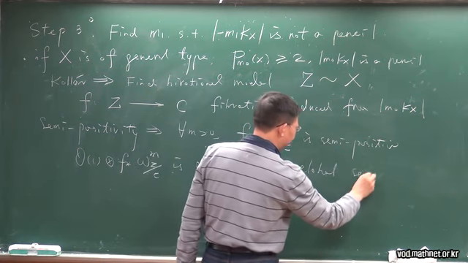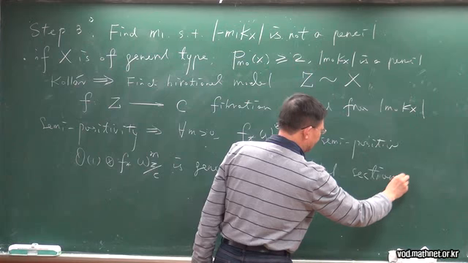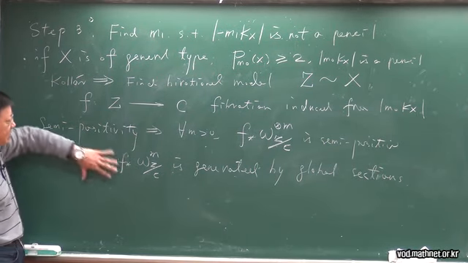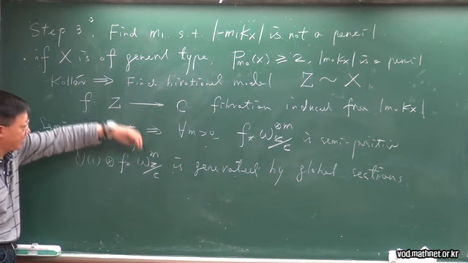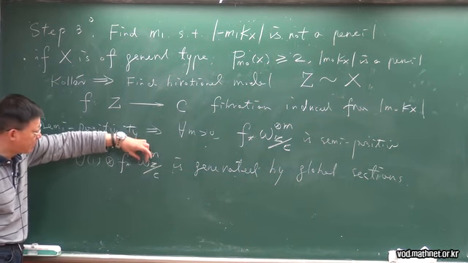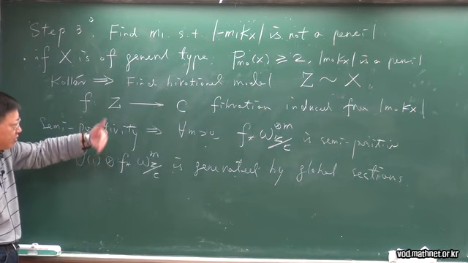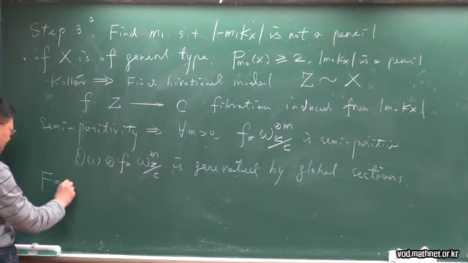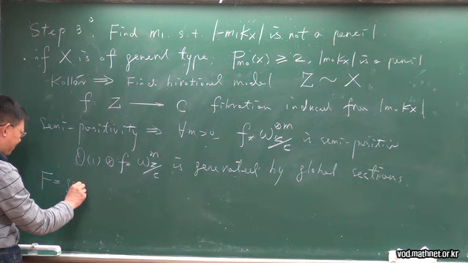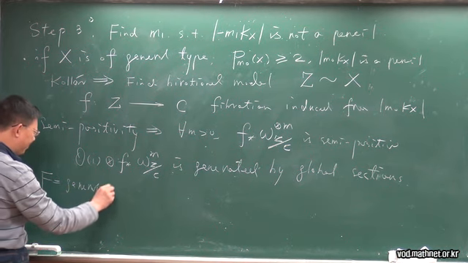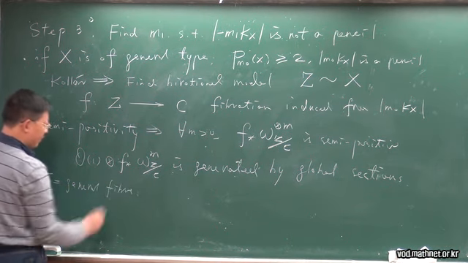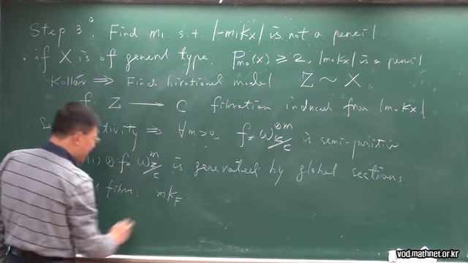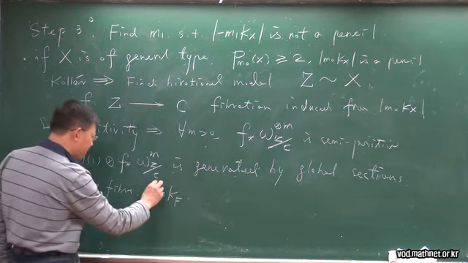So this sheaf is generated by global sections. The local sections of this sheaf are exactly the sections from mK_F, where F is a fiber. So take F to be a general fiber, so that mK_F has a lot of sections.